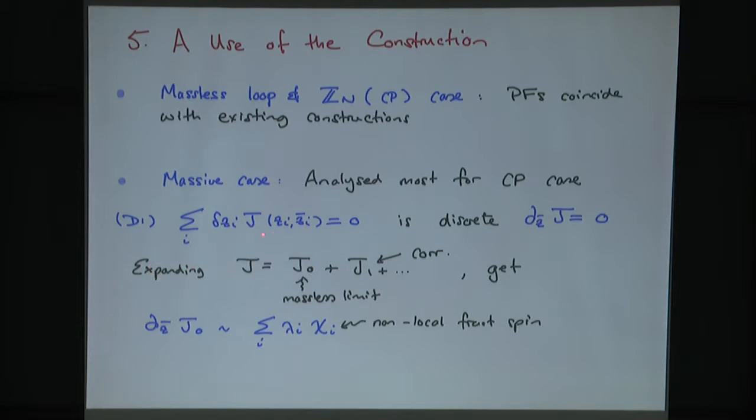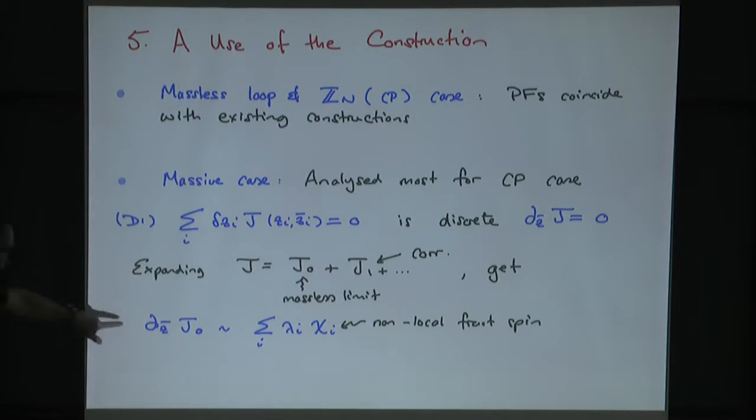So now what you do is you take the massive current and you expand it around the massless limit with some correction. And then you can reinterpret this equation in the following way. So the derivative of the massless current is going to be some sum over some other currents, which you identify by using the spin you get out.